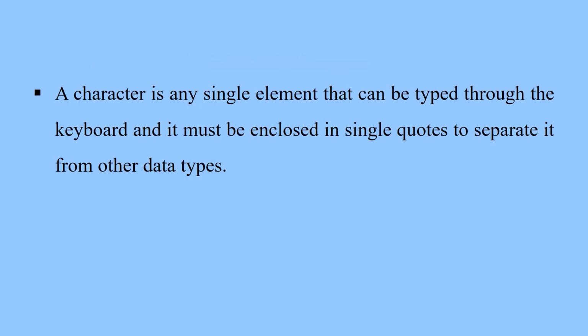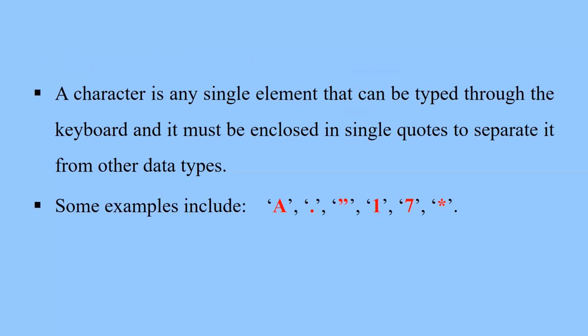A character is any single element that can be typed through the keyboard, and it must be enclosed in single quotes to separate it from other data types. Some examples include A, period, 1, 7, asterisk.